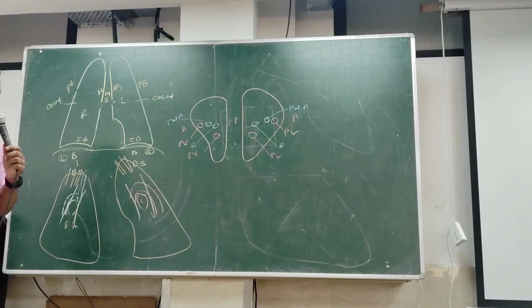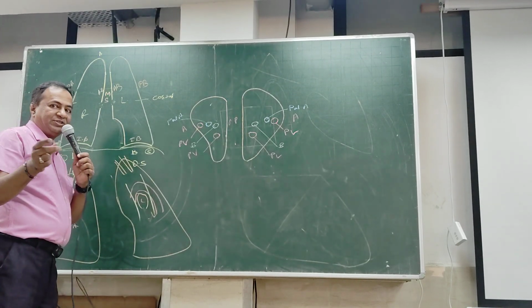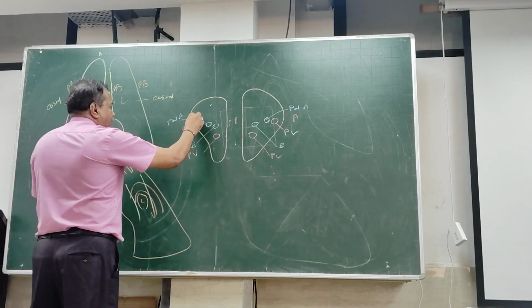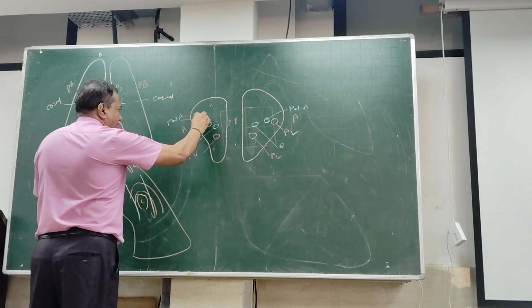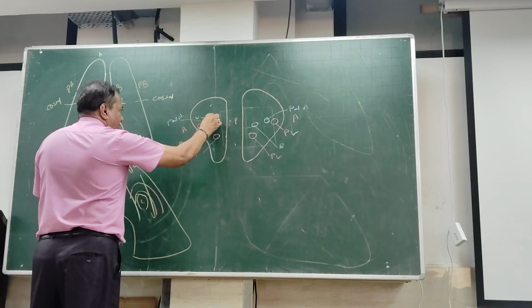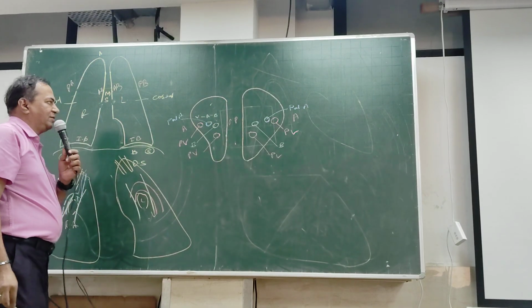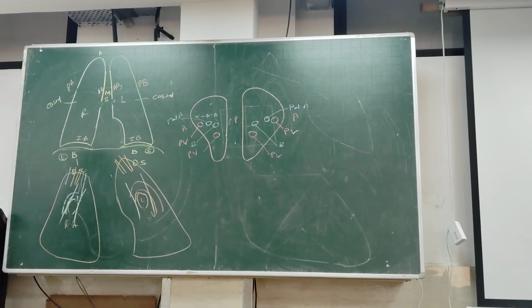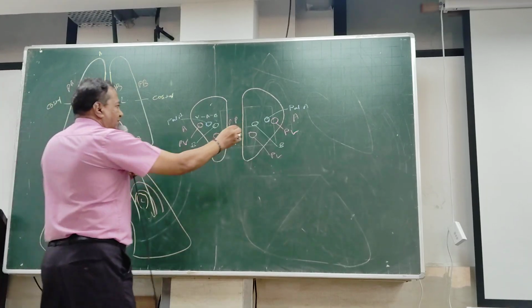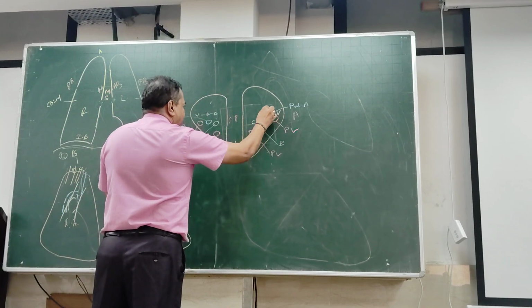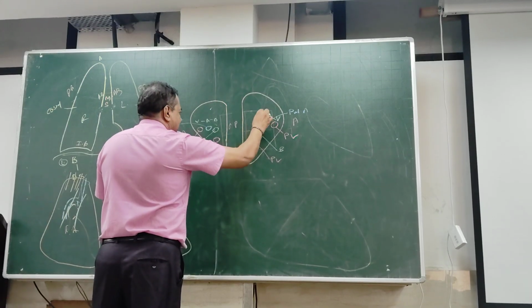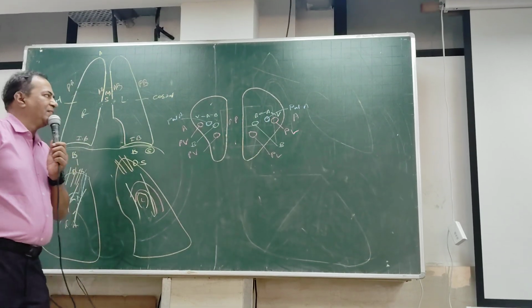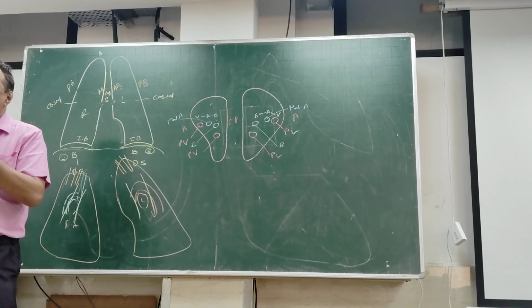Anterior to posterior, the relation is vein, artery, bronchus. Okay?